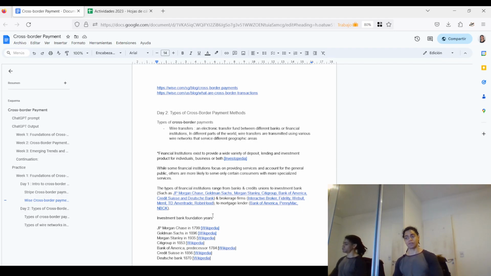It is funny because, for example, JP Morgan Chase, as well as the predecessor of Bank of America, which was founded in 1784, most of those investment banks have more years than a lot of the Latin republics.